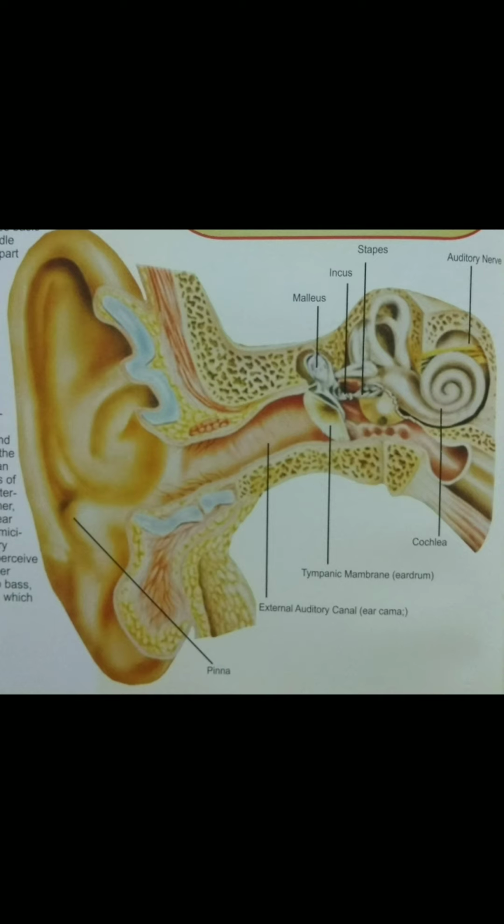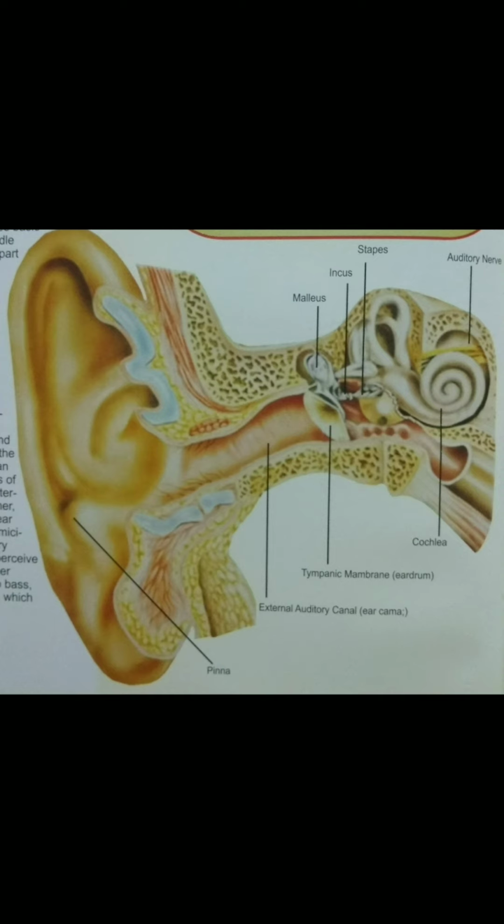So after the three small bones amplify the sound waves, those vibrations cause these specialized cells to vibrate. The vibrations are converted into nerve impulses, and those nerve impulses are carried to the brain.